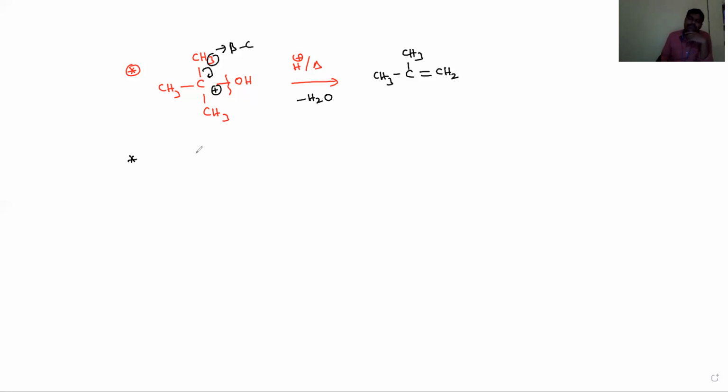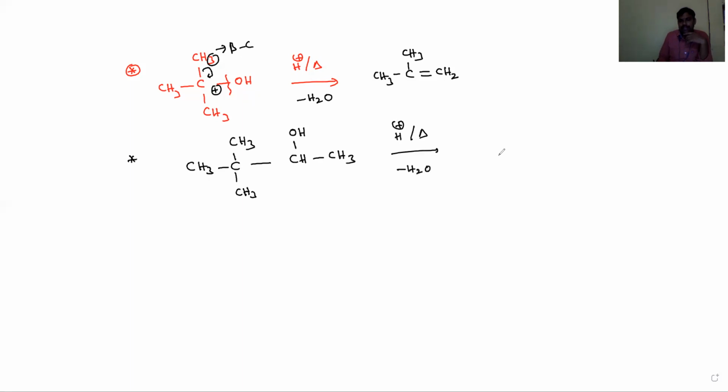In the same way, for example, this tertiary butyl group is attached to a secondary alcohol. On dehydration, what is the major product?